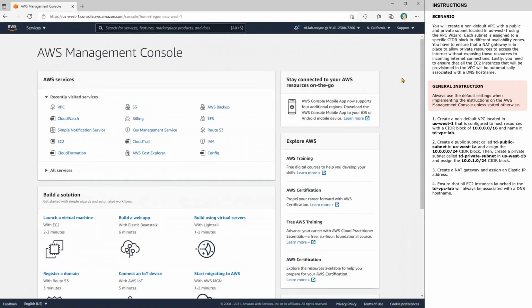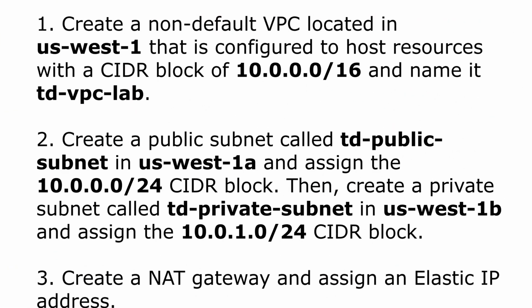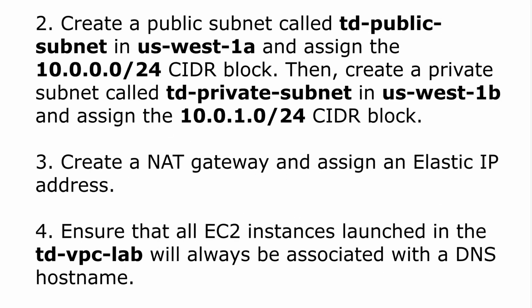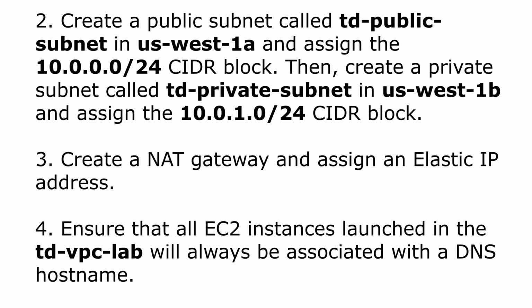First, create a non-default VPC located in US West 1 that is configured to host resources with a CIDR block of 10.0.0.0/16 and name it TD VPC Lab. Second, create a public subnet called TD Public Subnet in US West 1A and assign the 10.0.0.0/24 CIDR block.